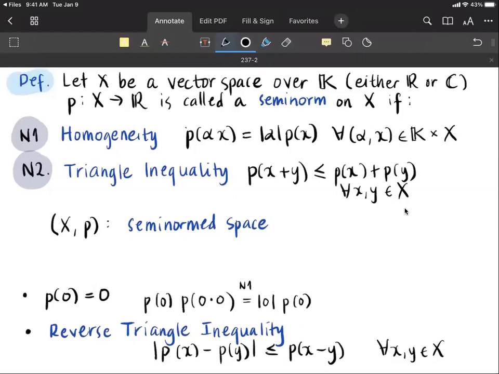Take note that the left-hand side is p of the zero vector, and any real number multiplied by 0 would be 0. So that would be the justification of this first property. Okay, so the seminorm of the zero vector is 0.